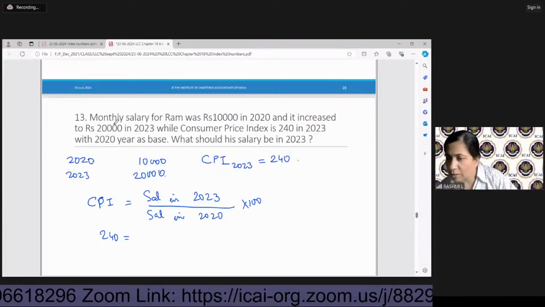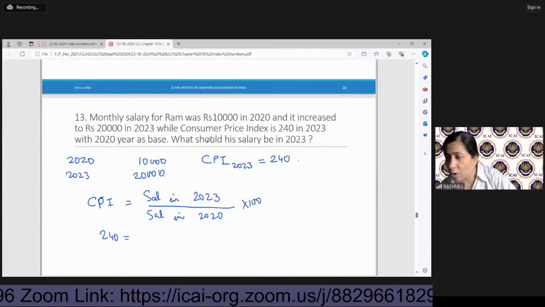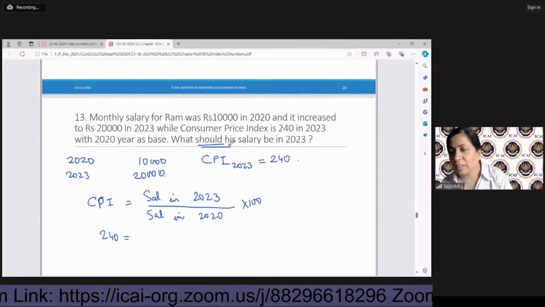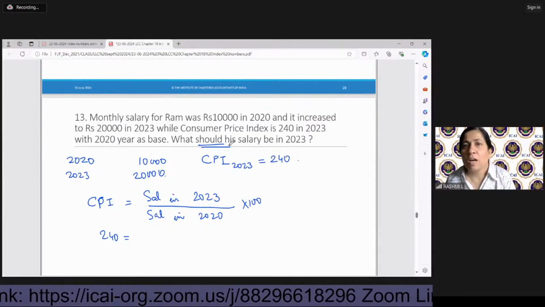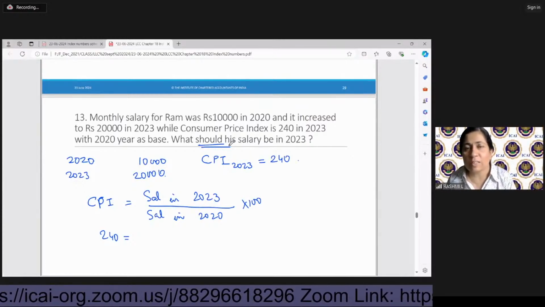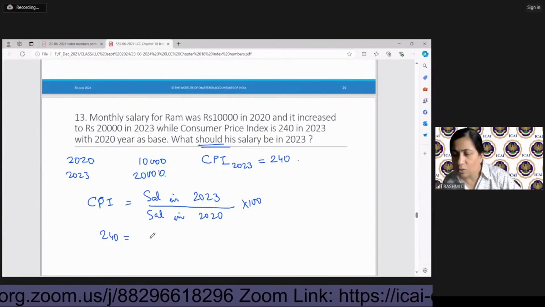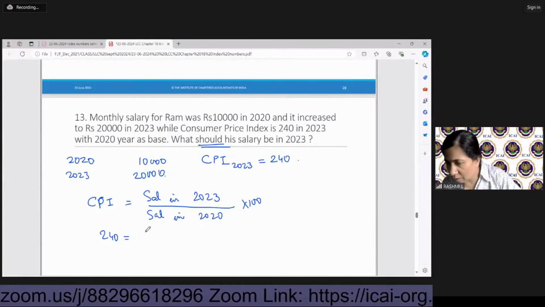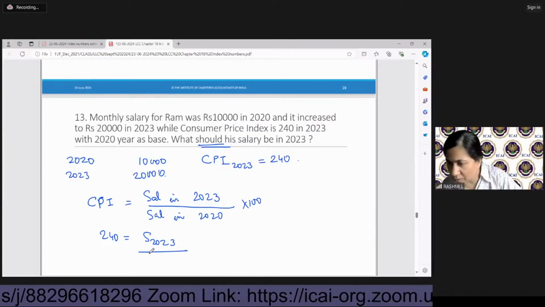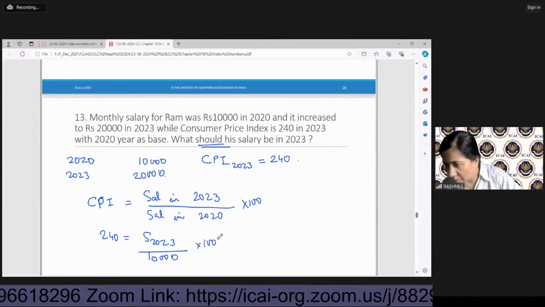Salary should be, because what is this salary? It is what is given, but what it should be. Now, what should be his salary? Yes, you have to read the question too, because what will happen is you will think, 20,000 is already given, the 2023 salary is given, but here it asks what should be his salary. So salary in the year 2020 was 10,000 into 100.